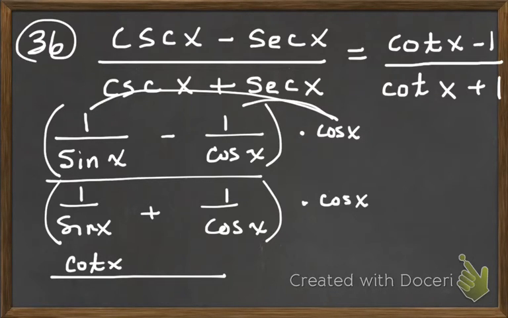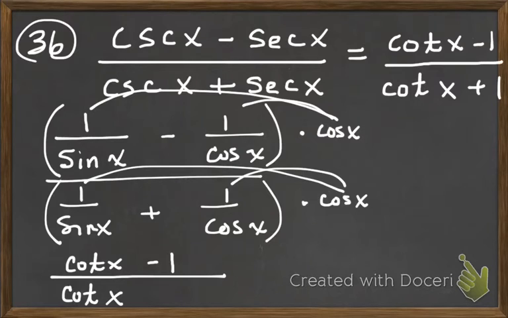You're going to multiply cosine times 1 over cosine. The cosines cancel out and you get minus 1. So the top turns into cotan x minus 1. Then in the bottom, cosine times 1 over sine gives you cosine over sine, which is cotan. Cosine times positive 1 over cosine, cosines cancel and you get plus 1.